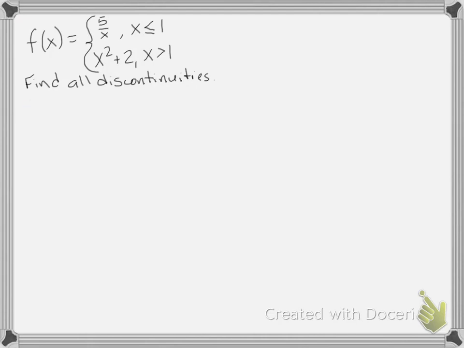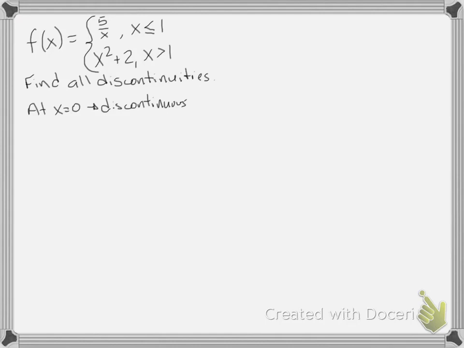Now it's up to me to figure out what kind of discontinuity we have at x equals 0. To do that, I need to figure out whether x equals 0 is removable or whether it's infinite. How do we do that? Well, if it's infinite, it's going to be a vertical asymptote.